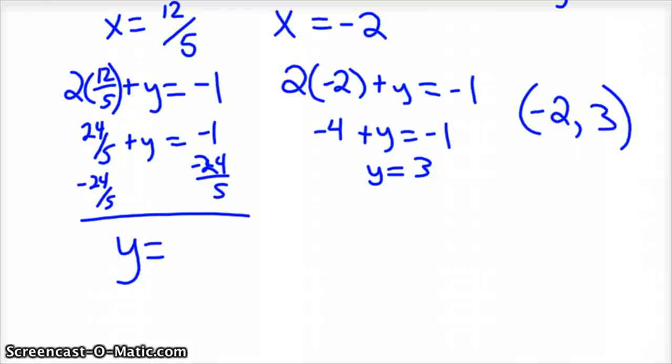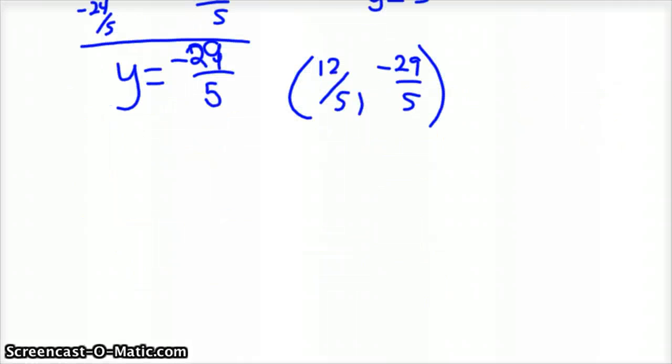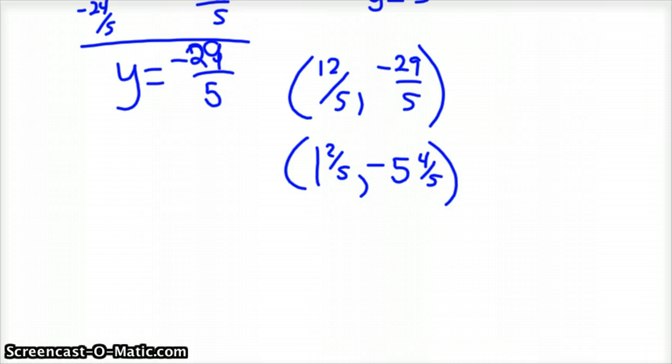Well, for -1 we need a common denominator. -1 is the same as -5/5. And so that would be -29/5. So this ordered pair would be 12/5 comma -29/5. And again, that's an improper fraction. So let's convert that to a mixed number, which would be 2 2/5, or 2.4, and -5 4/5, which would be -5.8.